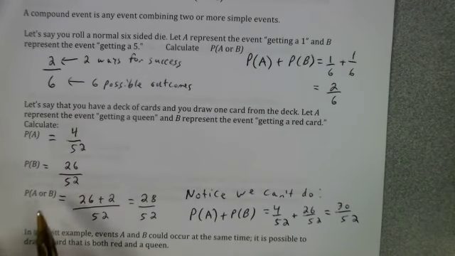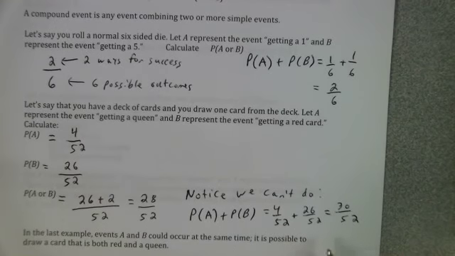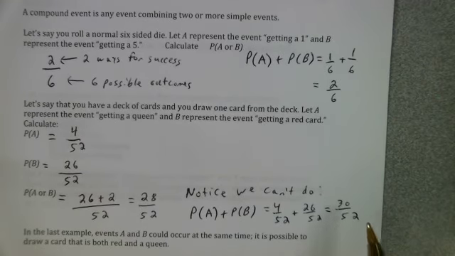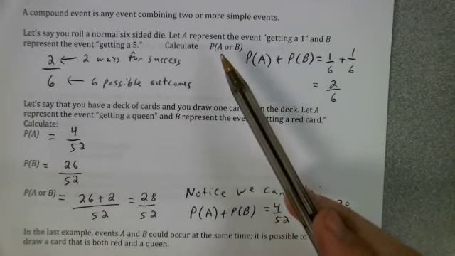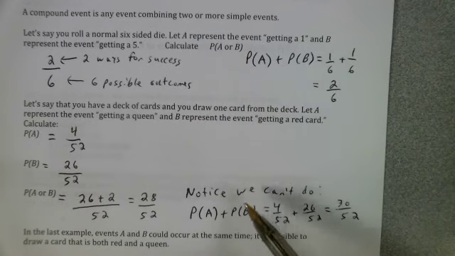The probability of getting a queen or a red card is not 30 out of 52. So sometimes we can just add probabilities if we want the probability of something happening or something else happening. Other times we can't.